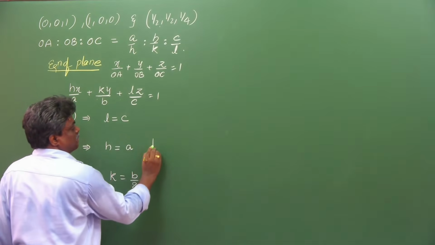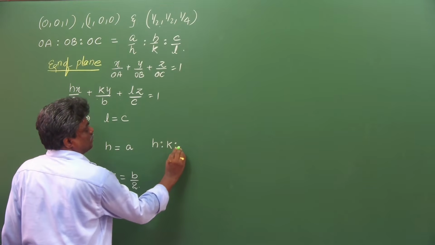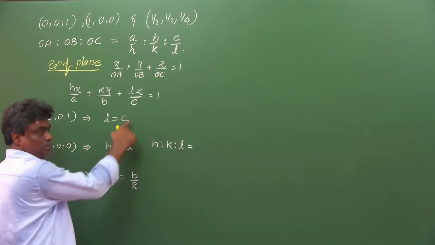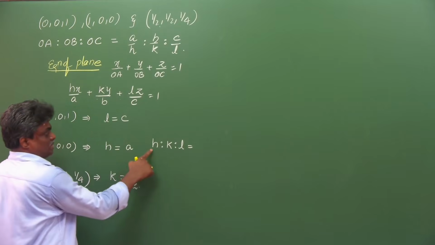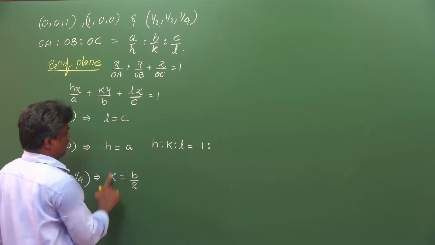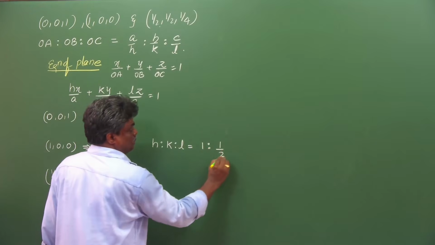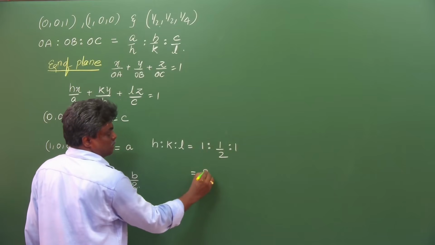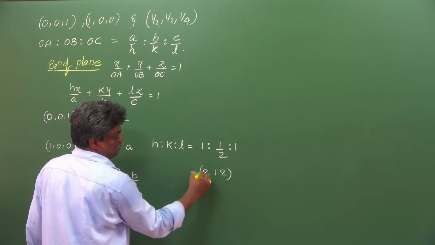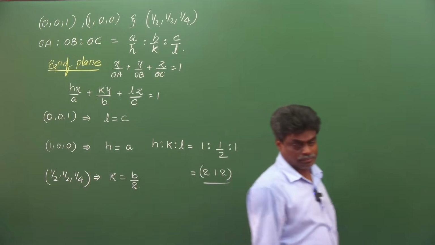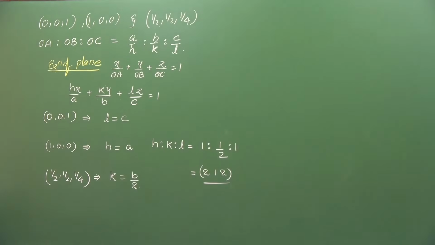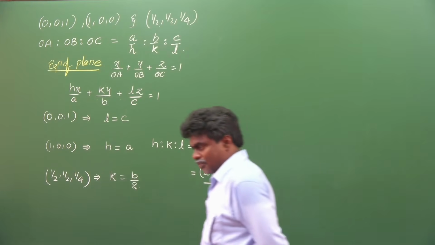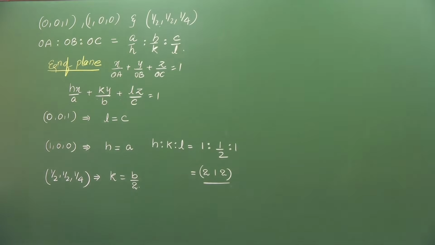So once you got this, H is to K is to L, it's a cubic, so you need not bother about ABC. H is 1, K is 1 by 2, and L is 1. So multiply with 2, that's why 2, 1, 2. Simple cubic, A equal to B equal to C. So that's why your Miller indices is 2, 1, 2.